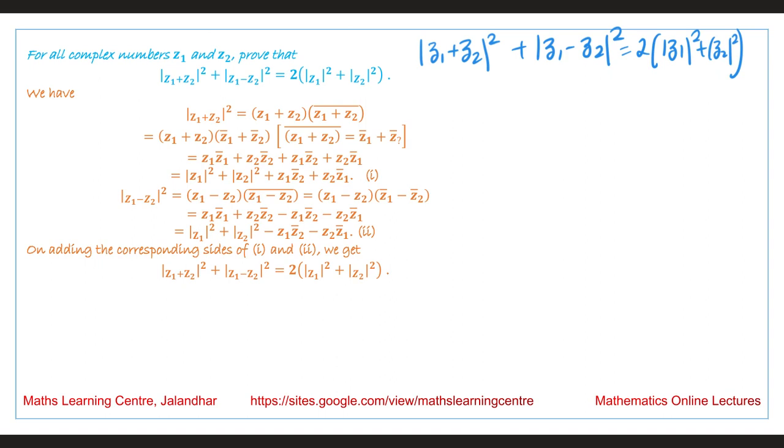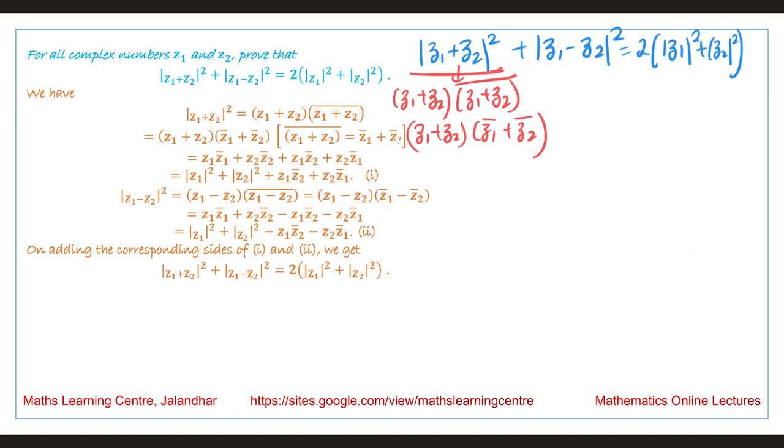So when we are trying to solve this, we look at the first value over here. We can write this as z1 plus z2 into z1 plus z2 conjugate. So this is equal to z1 plus z2 into z1 conjugate plus z2 conjugate.